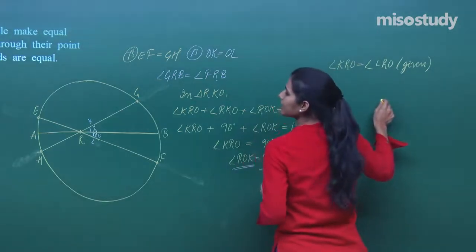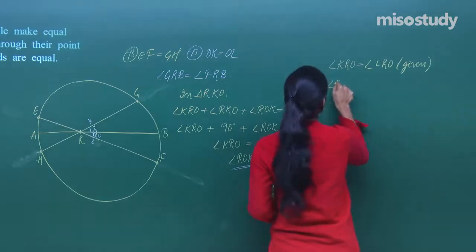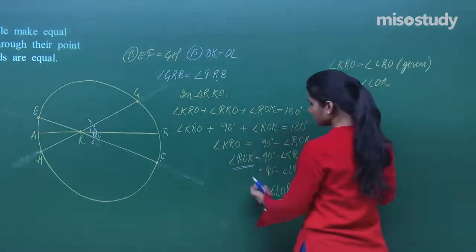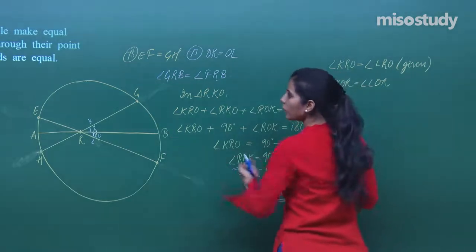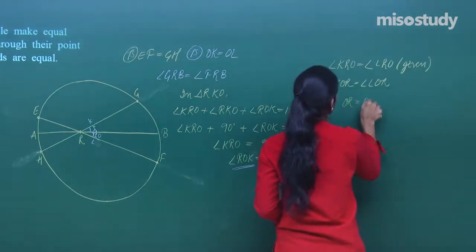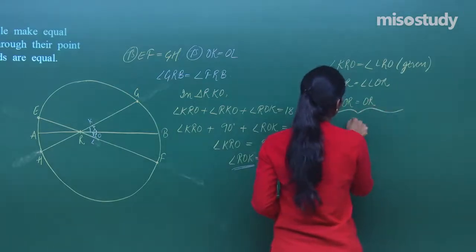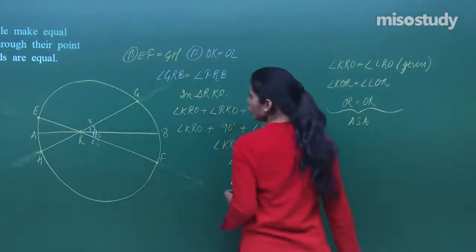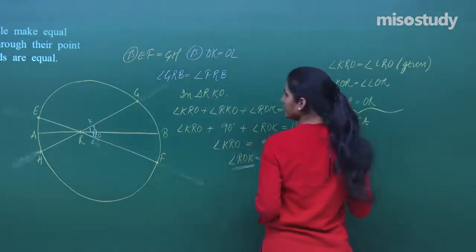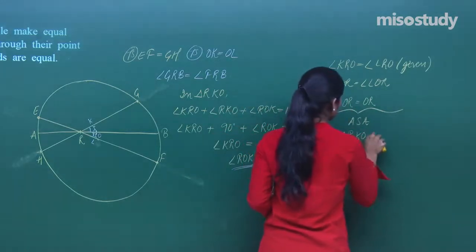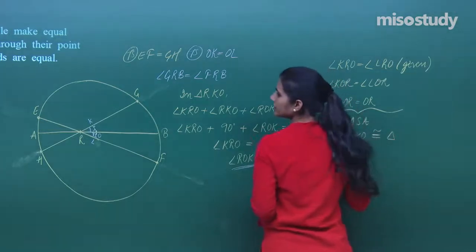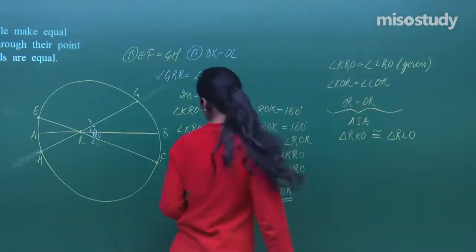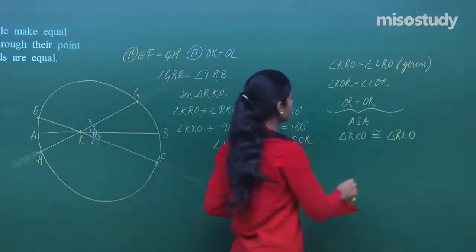Then angle KOR is the same as angle LOR, which we just proved, and OR is equal to OR. Therefore, by the angle side angle congruence condition, both triangles are congruent. So triangle RKO is congruent to triangle RLO, and therefore their corresponding parts are equal. You will have OK the same as OL.